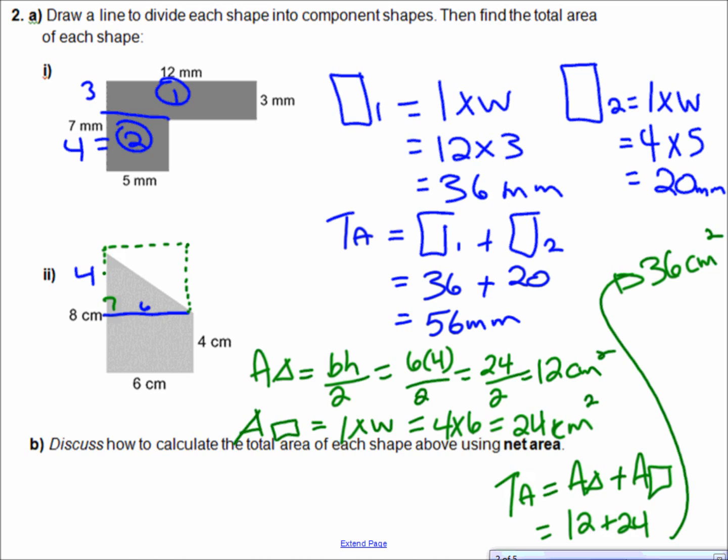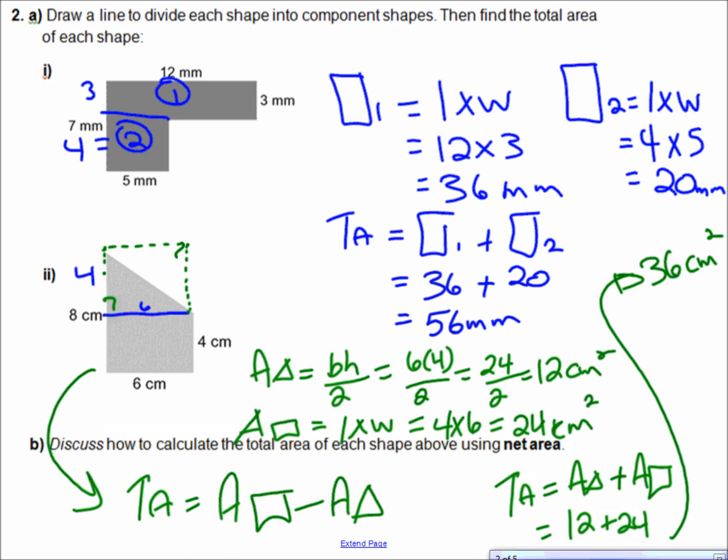And then I could calculate that triangle and subtract it out, and I'd get the value. Okay? So in this case, total area is equal to area of the rectangle minus area of the triangle. And when I'm talking about the rectangle, I'm talking about this big rectangle here. So you calculate the area of a bigger object and then subtract things away.